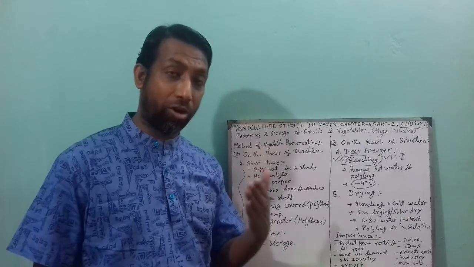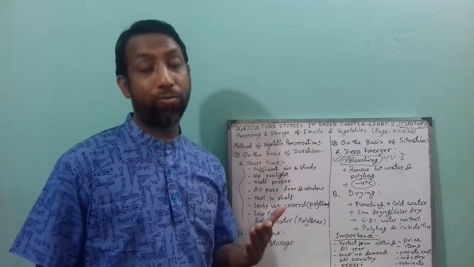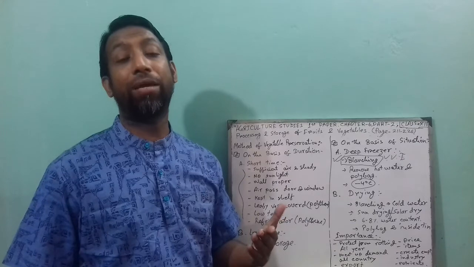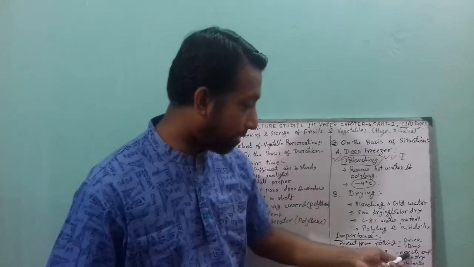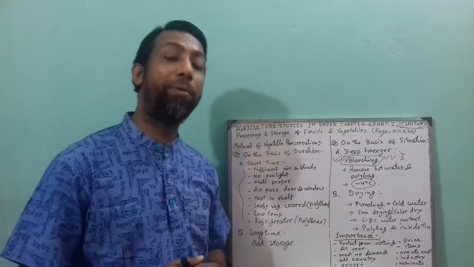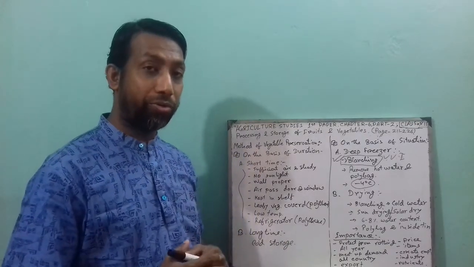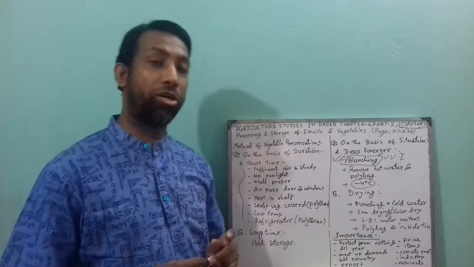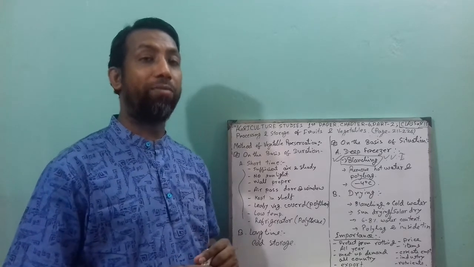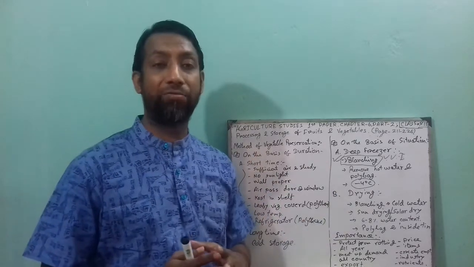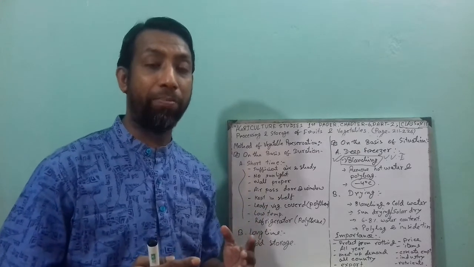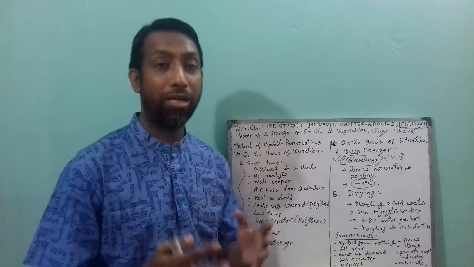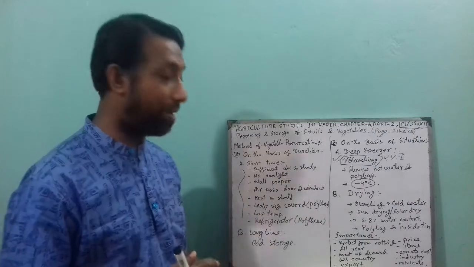If it is preserved, then we can sell it when we can get a higher price. Then create employment opportunity, because due to vegetable and fruit preservation, we have lots of processes to preserve them. Then we can give employment to those involved in the job as well.